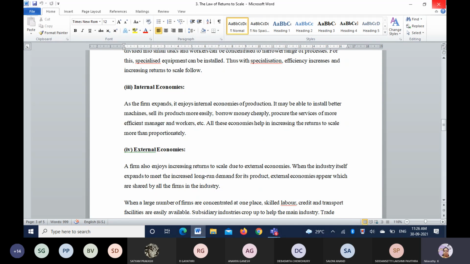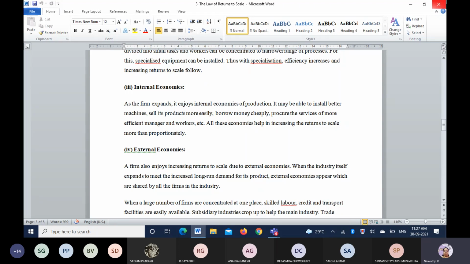Even though you are in that industry, there are no proper transportation facilities to that area, then that becomes a disadvantage. You are not near raw material availability, and there are no suppliers there to supply the raw materials needed for your production process. Then again it becomes a disadvantage.